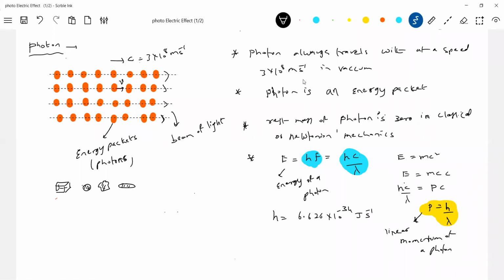Now, what about the energy of all photons in this beam of light? It will be the same. Looking at this photon and this photon, I'll give numbers, photon 1, 2, randomly. What is the energy of all photons in this beam of light?